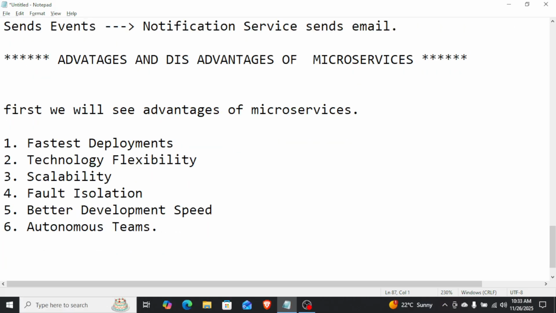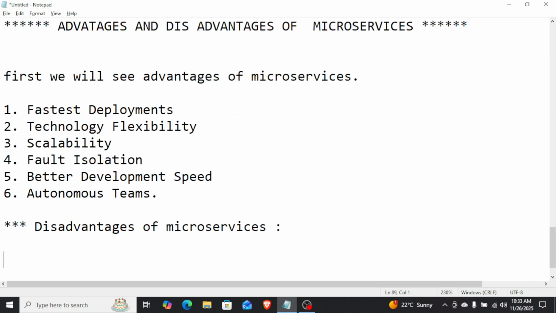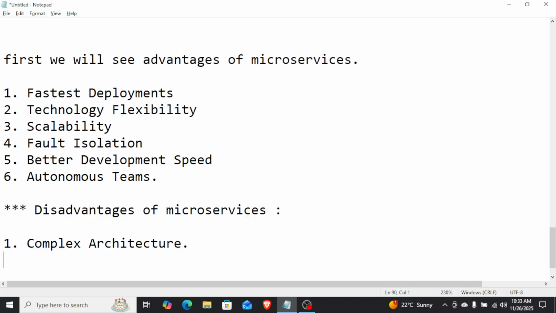Now we will see the disadvantages of microservices. One is complex architecture. Second disadvantage is that it requires a DevOps culture.